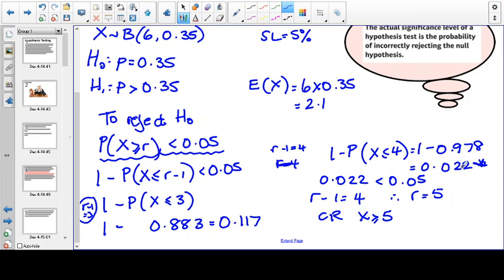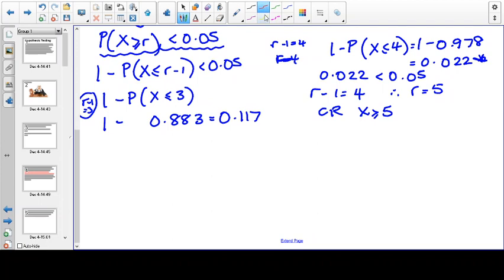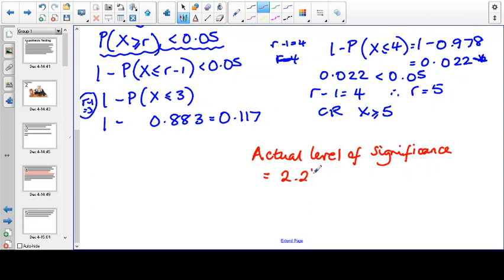So this 0.022, the actual level of significance is going to be 2.2%. So I'll just make a note. So the actual level of significance, spell it, is 2.2%.